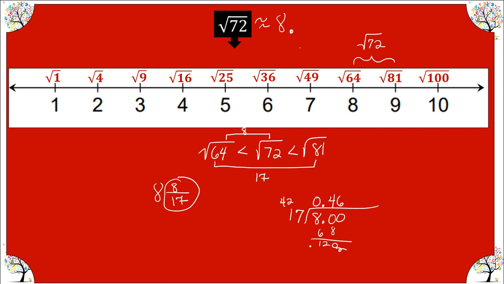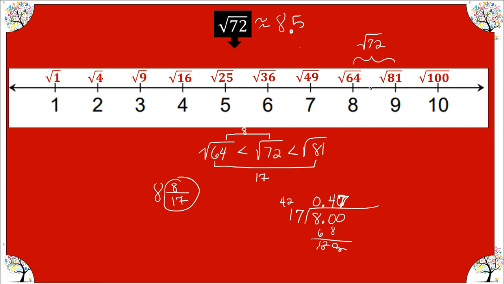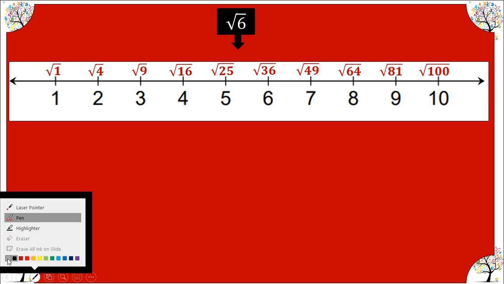And then 6 times 1, that's 10. I think I could go up one more time, but either way, what this is telling me, it's really going to be a 7, but it just tells me to round this 4 to a 5. So the square root of 72 is about halfway between 8 and 9 on the number line. And so right here is where we could plot the square root of 72. It's about 8.5.